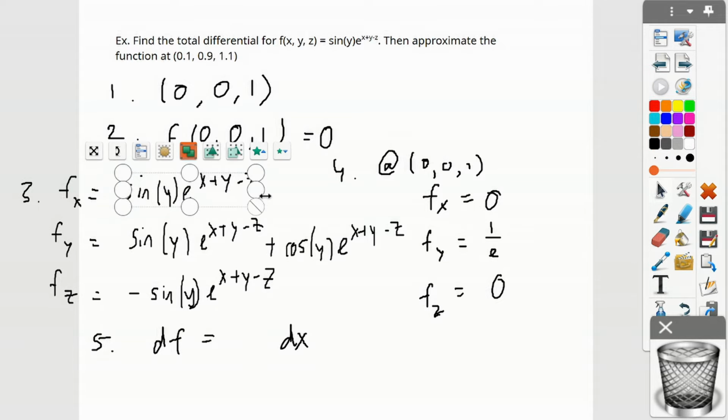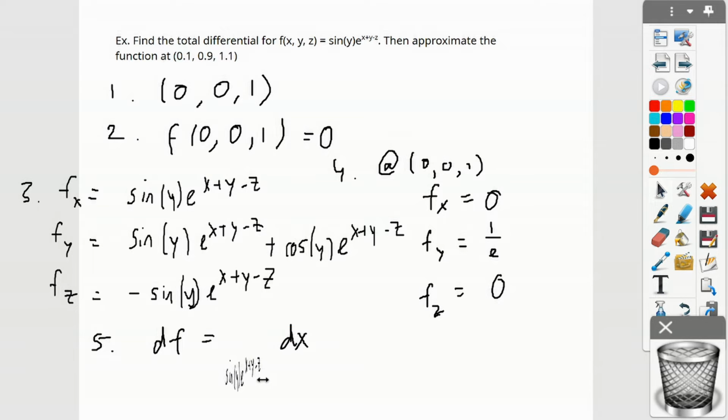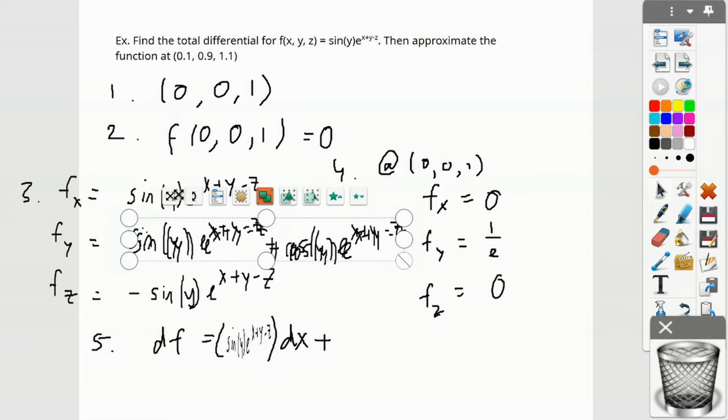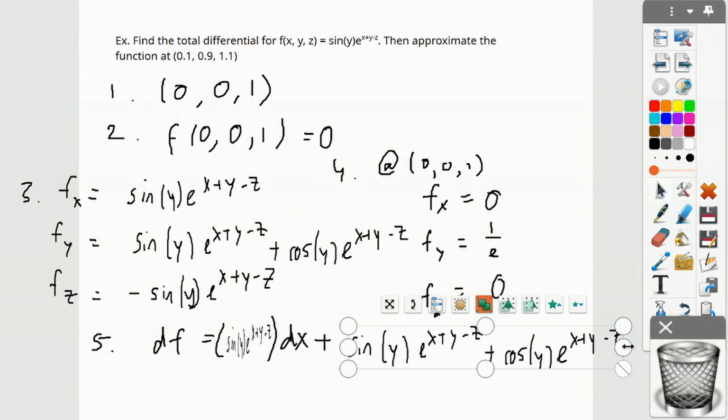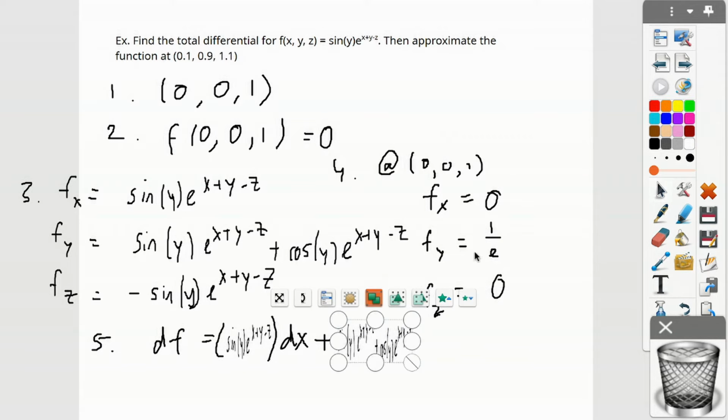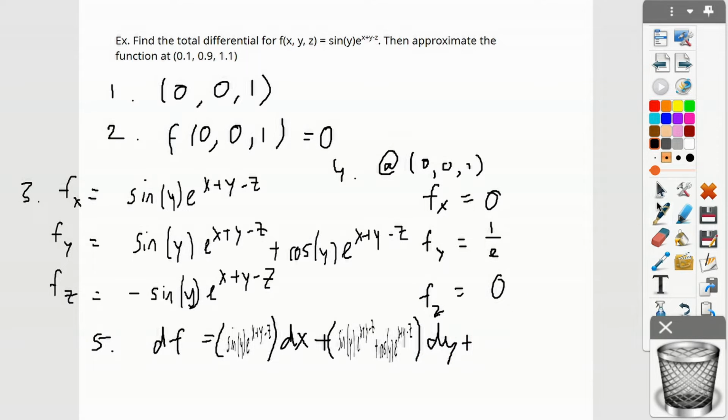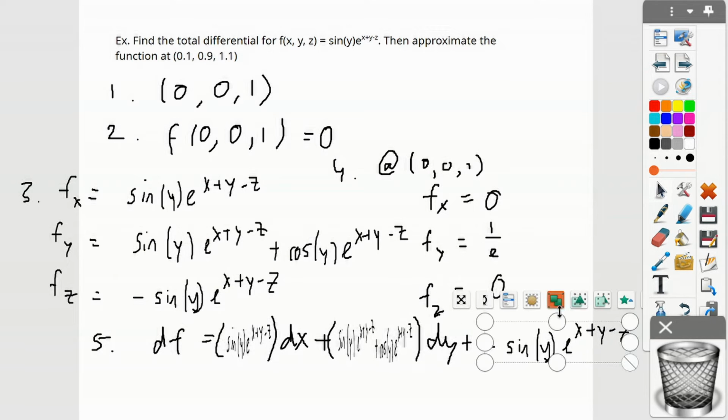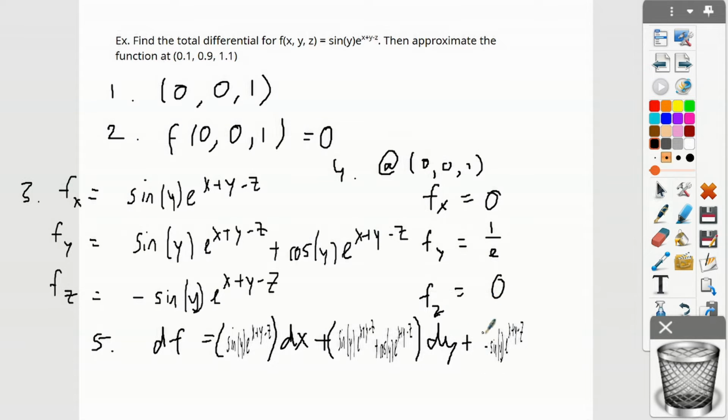Let's see if this works. f sub x dx plus f sub y dy plus f sub z dz.